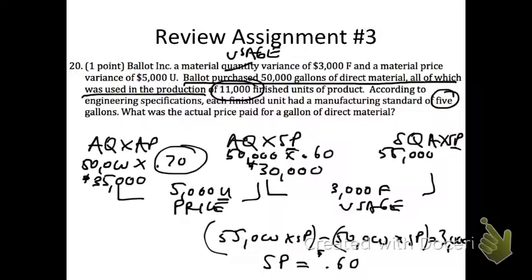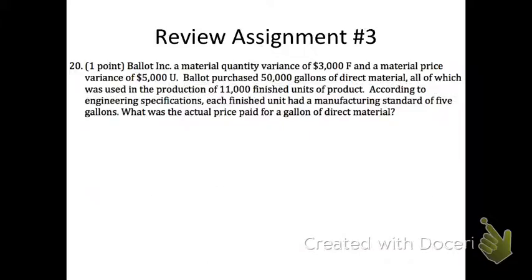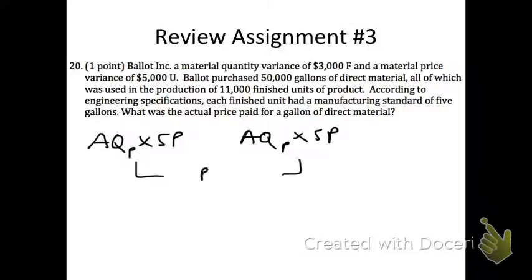Now, if the quantity purchased is different than the amount used, you can still use the structure, but you have to say actual quantity purchased times standard price. This would be your price variance. Now my predicted amount is going to be different.